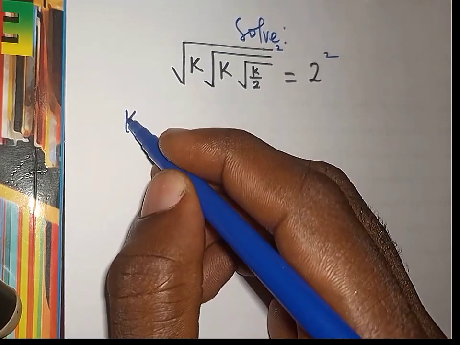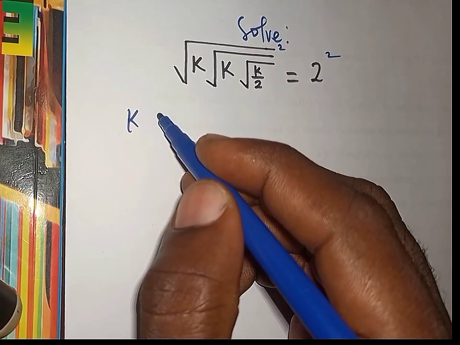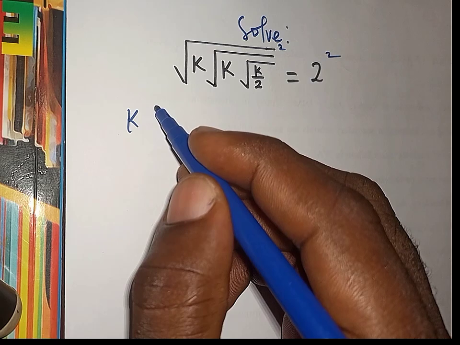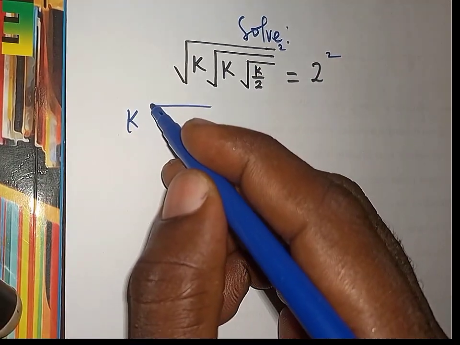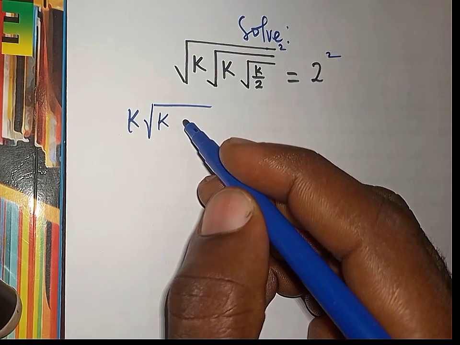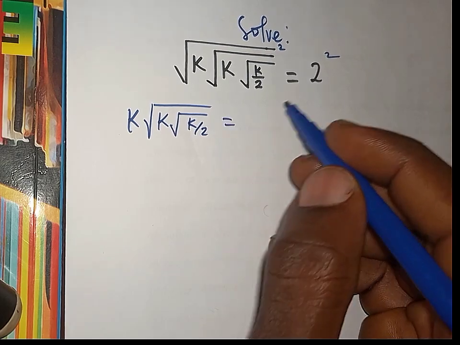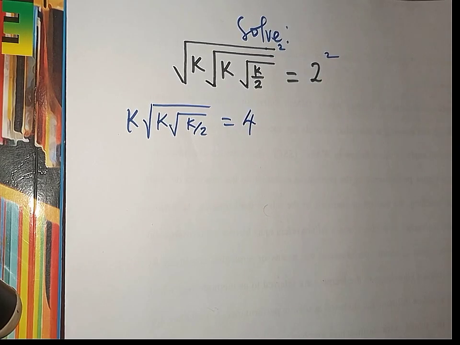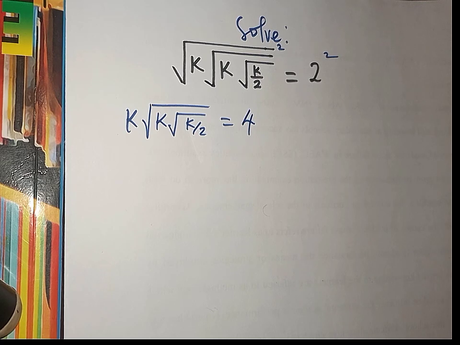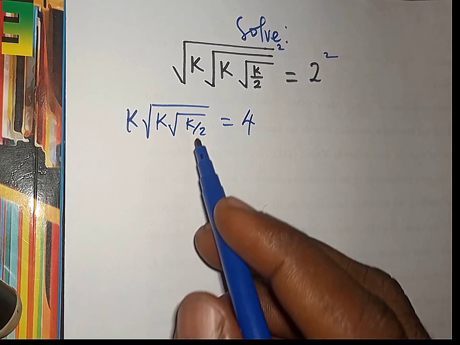We have k plus the square root of k over 2 equals, this will be 4.